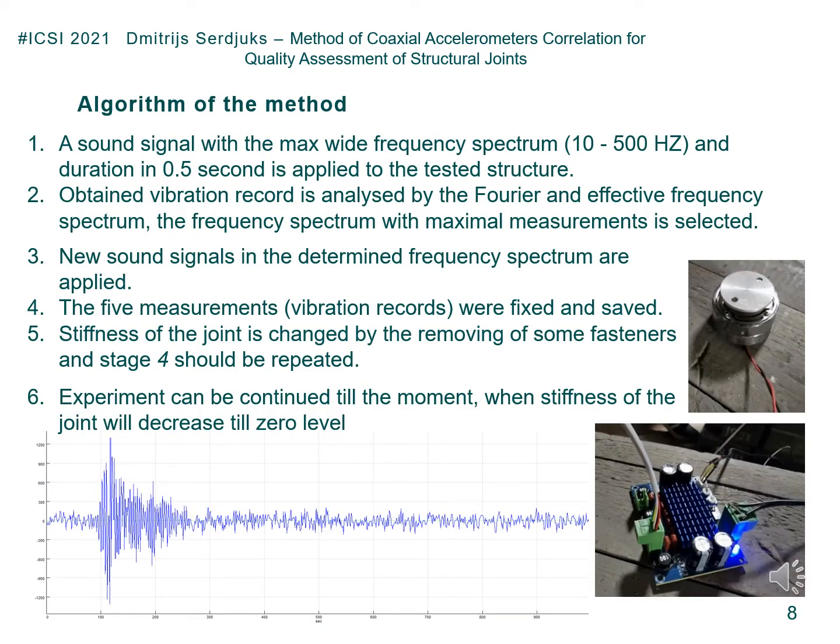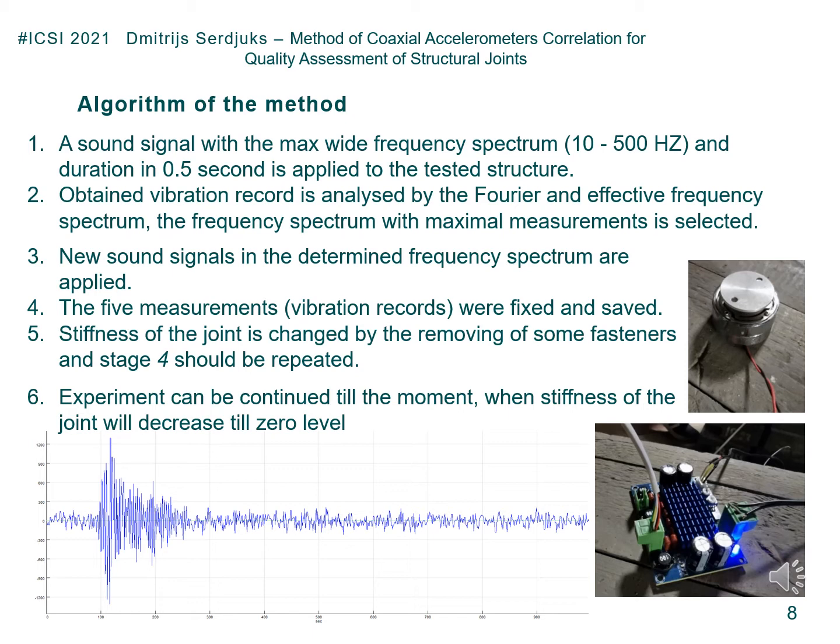To improve the quality of diagnostics of structural joints and to make it more specific, a method and measurement system realizing the principle of correlation of normalized coaxial accelerations measured in 3D space were proposed. The algorithm of the method contains the following stages.